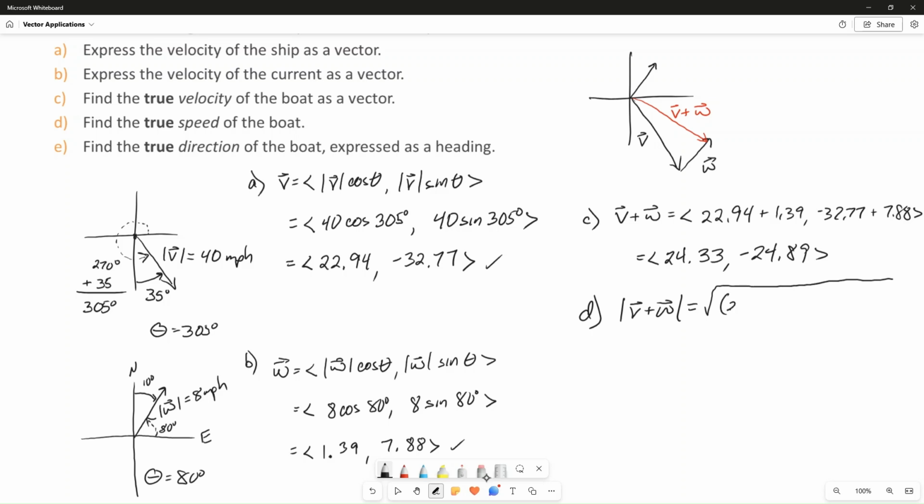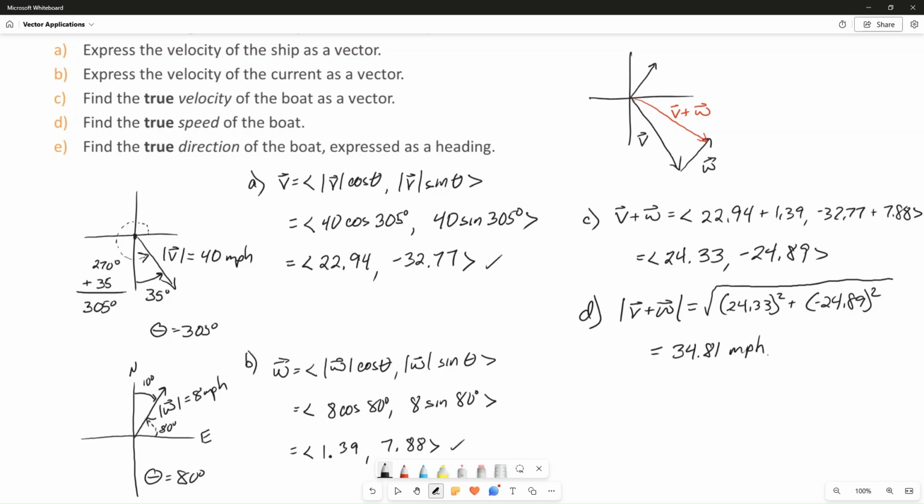So we're going to have the square root of 24.33 squared plus the negative 24.89 squared. And if we compute that, we will get that our speed is 34.81 miles per hour.